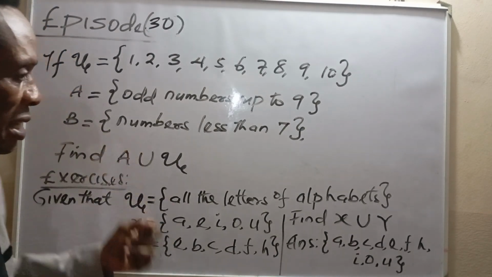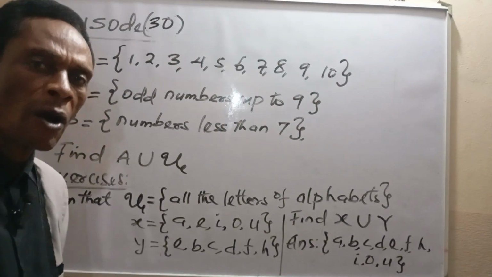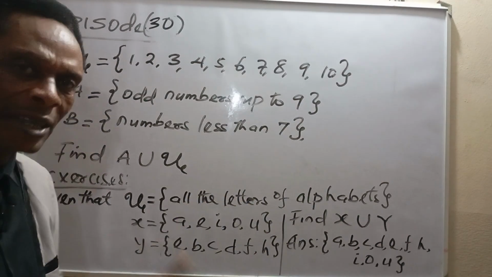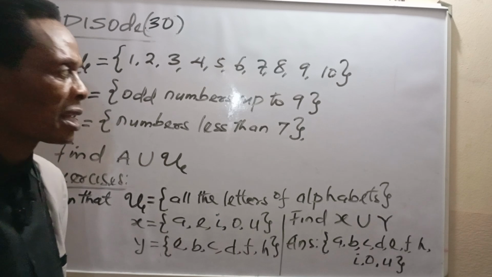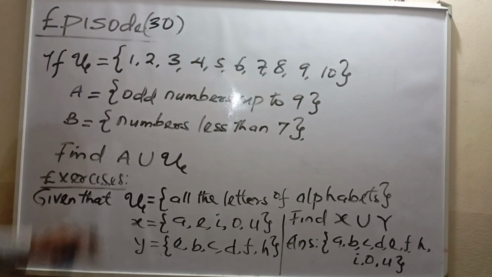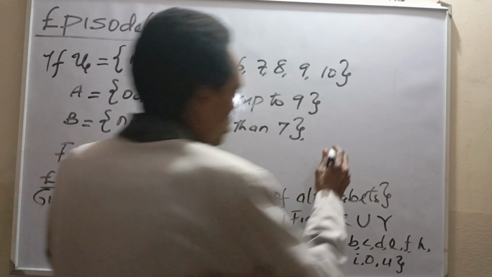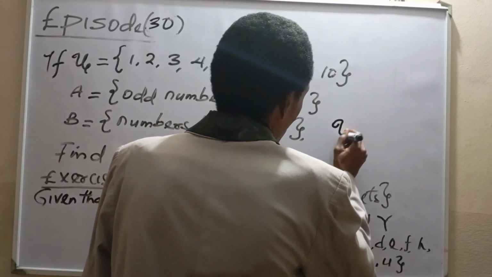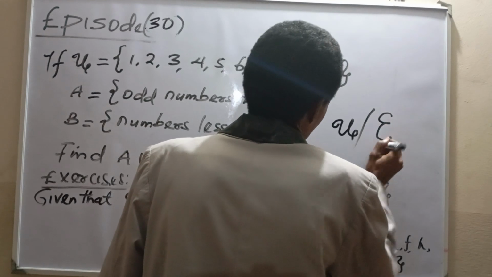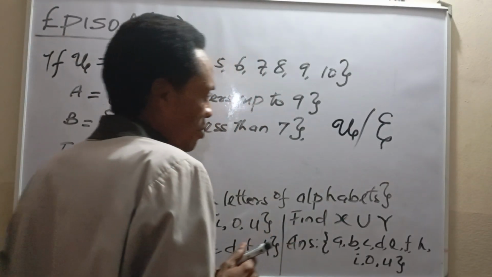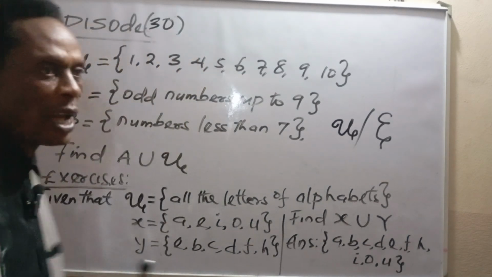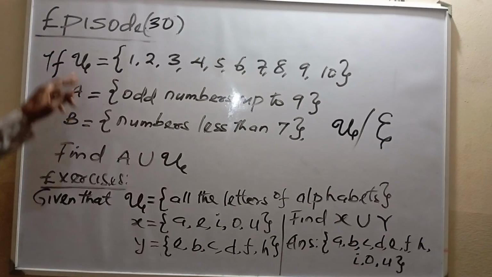We denote a universal set with this symbol you see, something like this, or something like this. This is the symbol for the universal set.